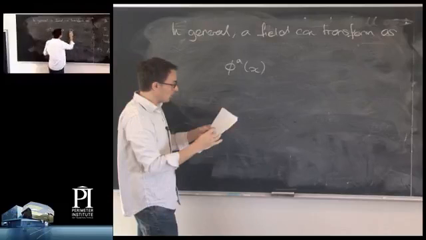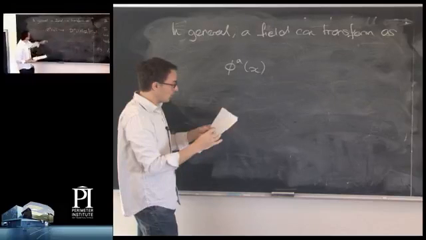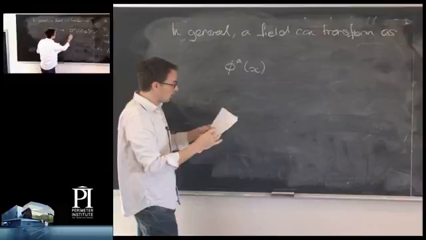Under a Lorentz transformation, this set of fields could themselves transform into each other in some way. The way they transform into each other should be a matrix.